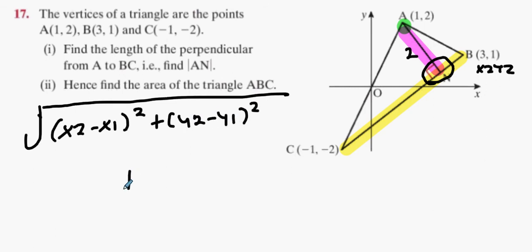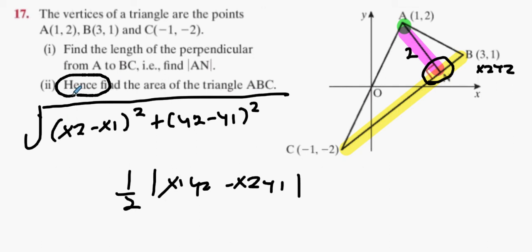Did anybody do a half x1 y2 minus x2 y1? Why would that not really count in this question? Does it say hence or otherwise, or hence? Hence means you've got to use this method. Hence or otherwise means do whatever method you want.